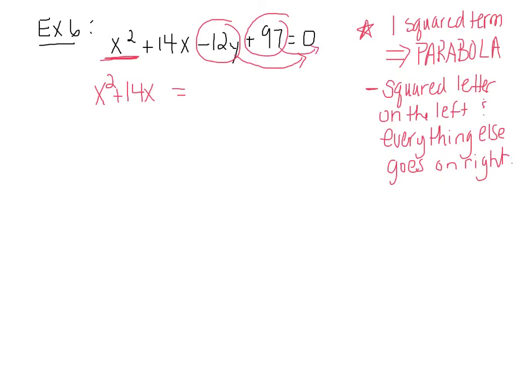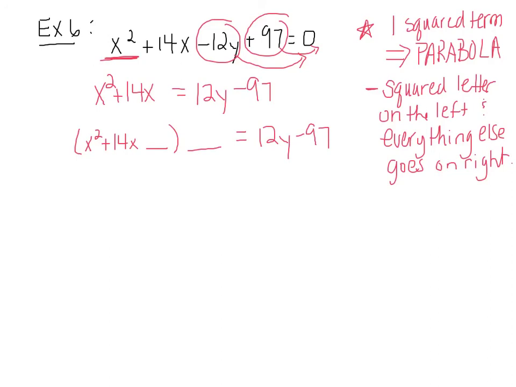When we move the negative 12y, it becomes a positive 12y. Positive 97 becomes minus 97 when we move it to the other side. Now we're going to complete the square with the squared term. So we have x squared plus 14x, with a space. We add in our other space to balance it, but then we have to move it to the other side. Just complete the square.